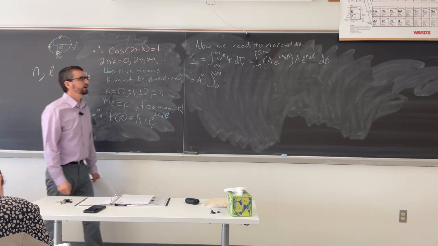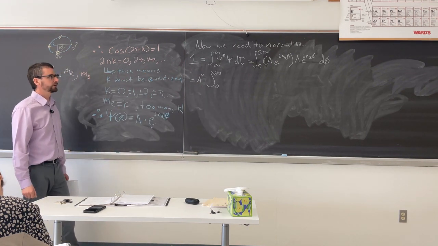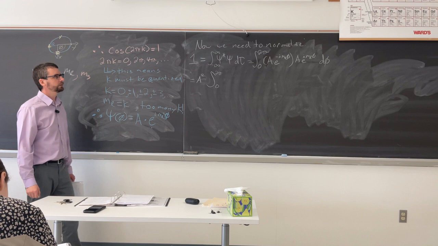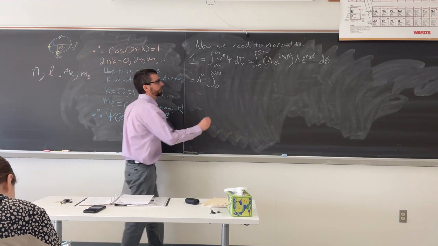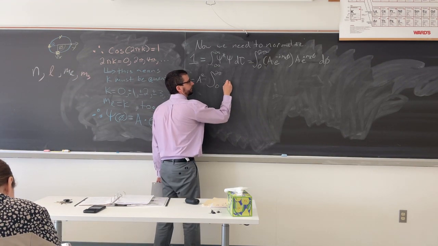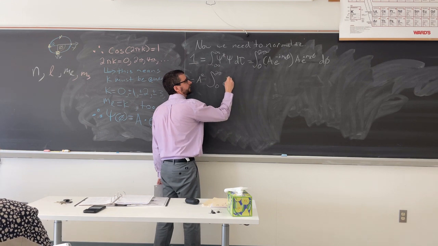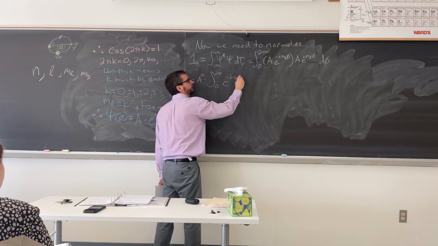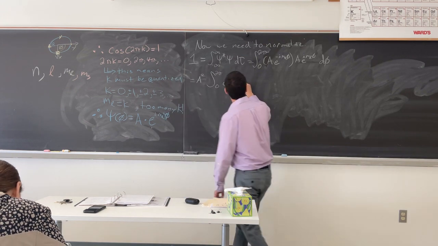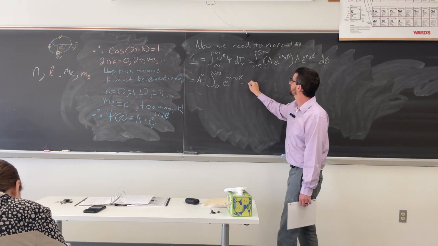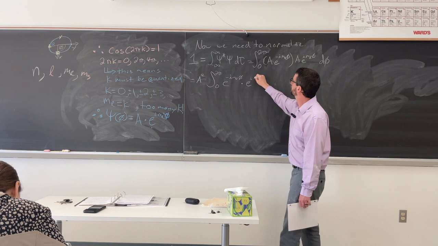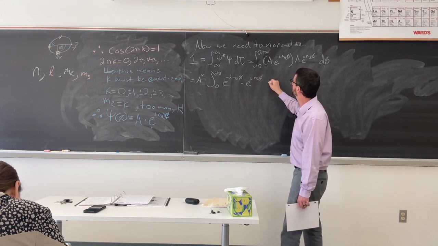A squared comes out. What else are we left over with? E negative what? L phi times what?